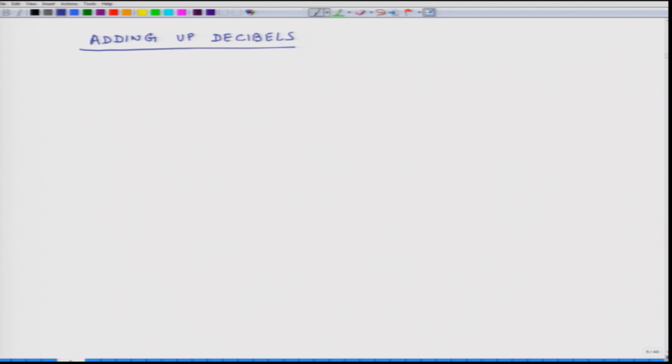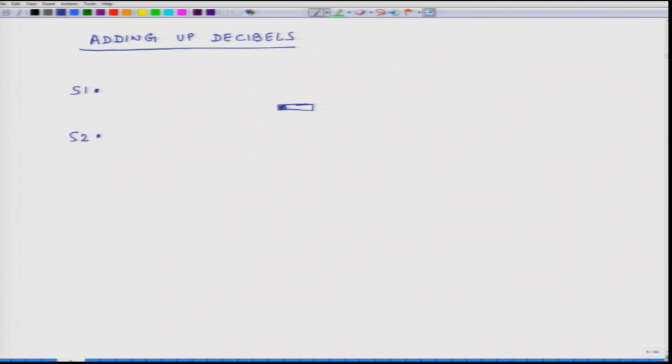So, what do we mean by adding up decibels? Essentially what I imply is that suppose there is one source S1, there is another source S2, and we have a microphone here, and let us say source 2 initially is not active.